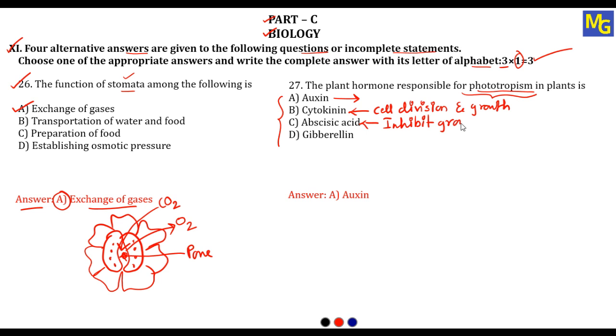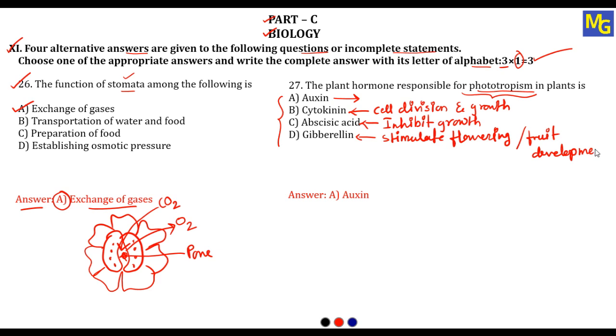So whenever there are some plant parts which are not required for the plant, it inhibits the growth of those parts and they fall off, like dry leaves or dry flowers after fertilization. Then the next one is gibberellin. Here the gibberellin helps to stimulate flowering as well as fruit development. So I'll write it here, fruit development.